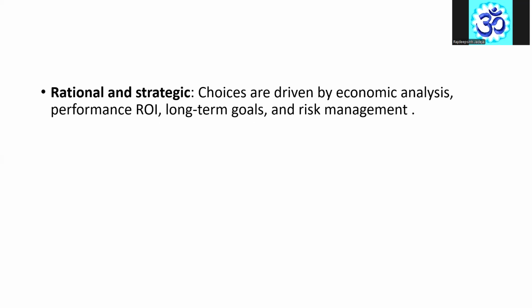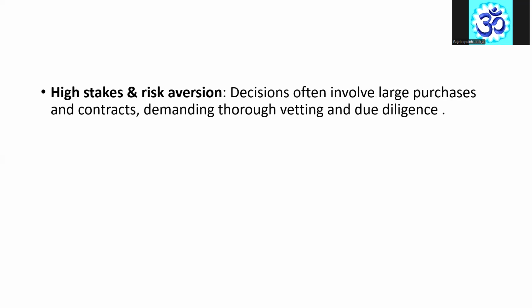Obviously, when you are purchasing machinery or making heavy purchases, you have to think of ROI and long-term goals, and you also need to check the risk management profile of that particular machinery or the things that you are buying for your organization. High stakes, risk aversion. Decisions often involve large purchases and contracts demanding thorough vetting and due diligence. So of course, organizational buying behavior is more risky and more time consuming.